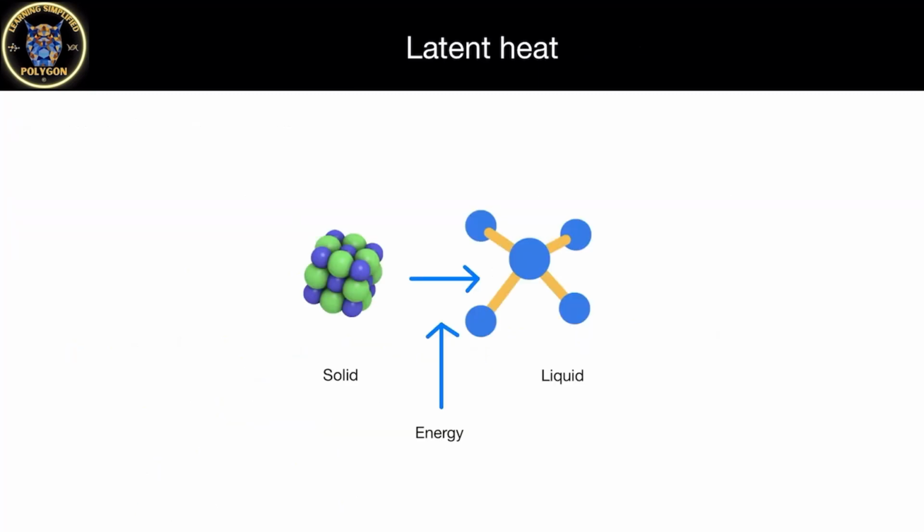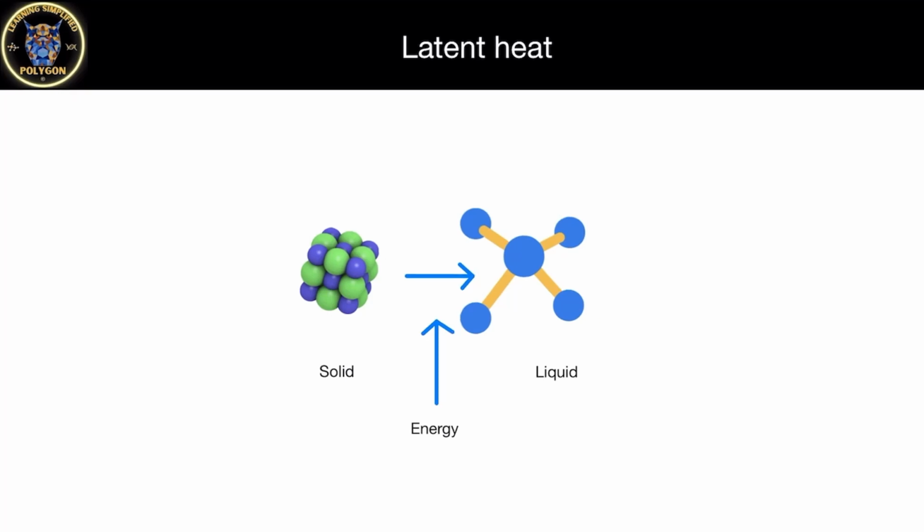Now that we have covered temperature and specific heat capacity, let's dive into understanding what is meant by latent heat. To understand the concept of latent heat, let's briefly touch upon the structure of matter. We know that all matter is composed of atoms which bond to form molecules, which in turn bond to give structure to the matter.